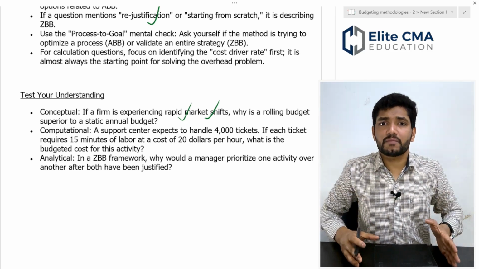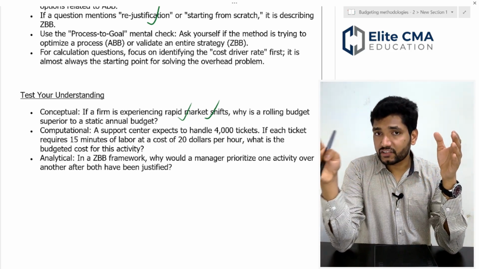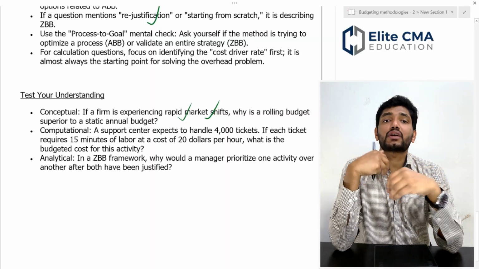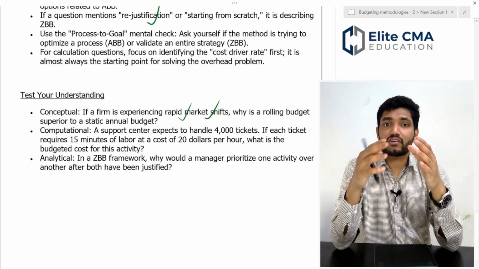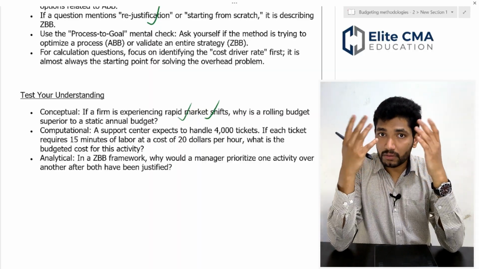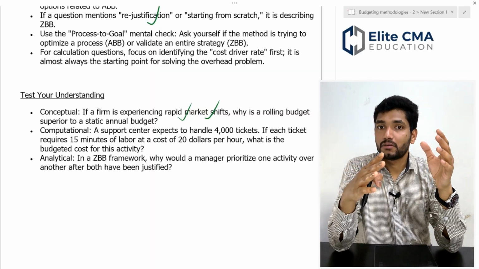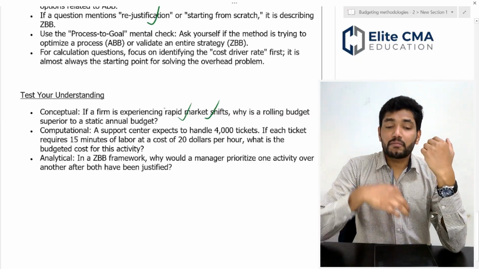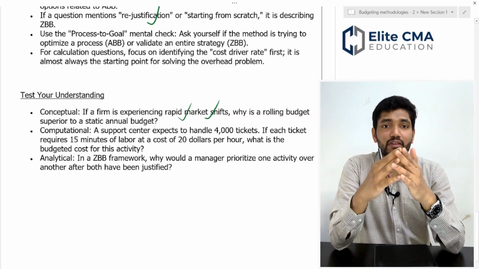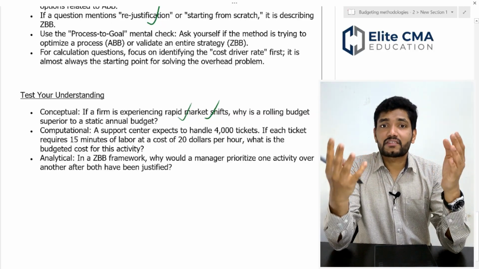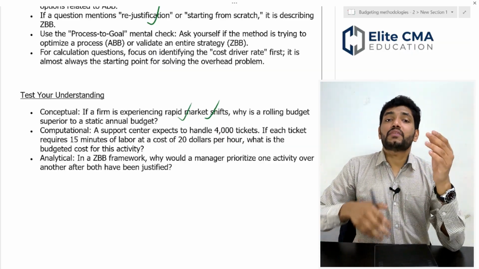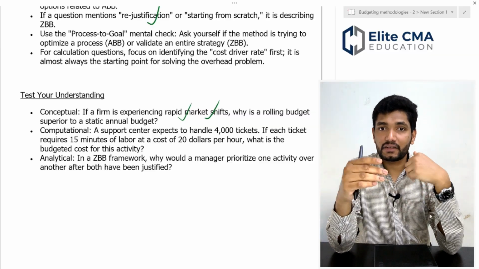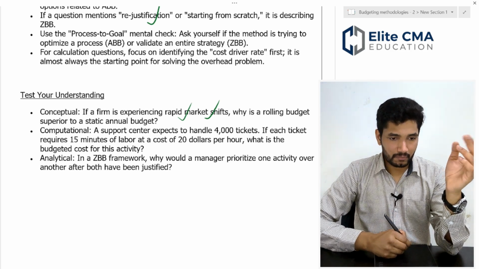But a rolling budget always adds additional months once the current month expires, which makes sure that the organization always has a ready 12-month financial plan on hand. So if a firm is experiencing rapid market shift, the rolling budget is most suitable because it helps them identify the market trend and incorporate it into their financial planning.